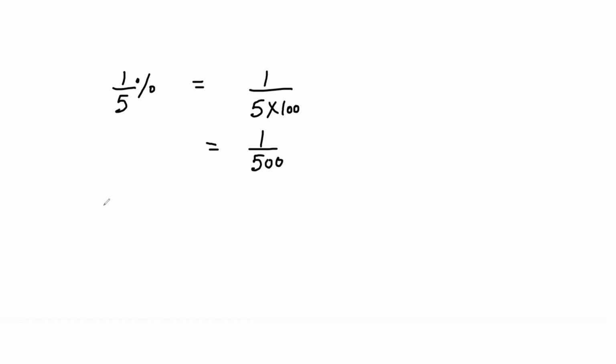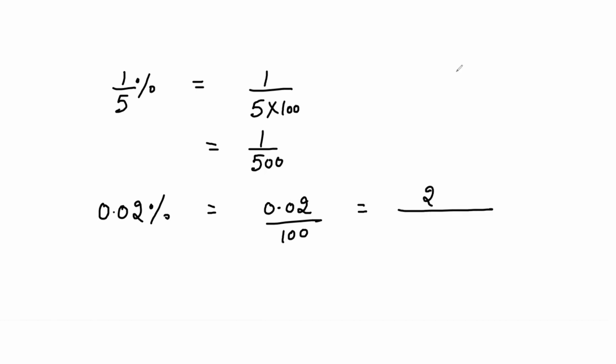Similarly, if I'll take an example for decimal number, 0.02%. I'll write down here 0.02 over 100. But make sure you have 0.02, you have to convert it into fraction. So you will write down 2 over 100, because we have two digits after the point, there should be two zeros in the denominator place.